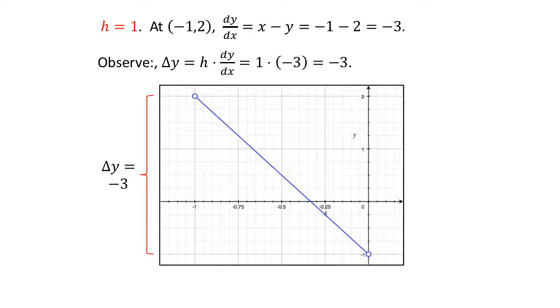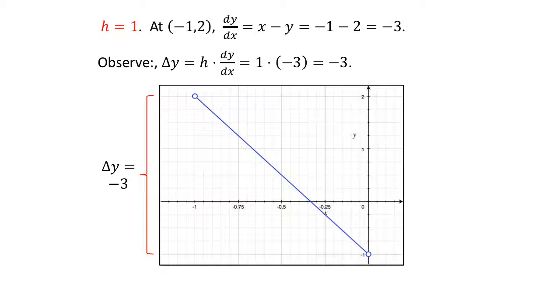Here is our first attempt. We're going to do a step size equal to 1. So starting at -1, we do a step size of 1. We'll end at 0, which is where we wanted to estimate things. At the point (-1, 2), the derivative will be -1 minus 2, which is -3.